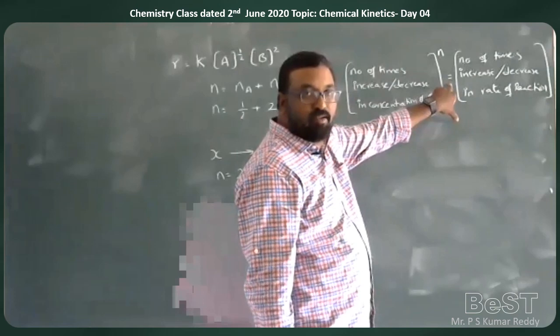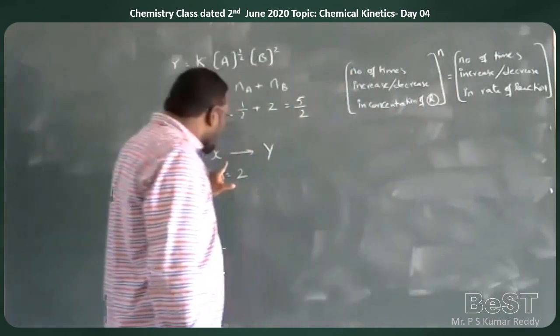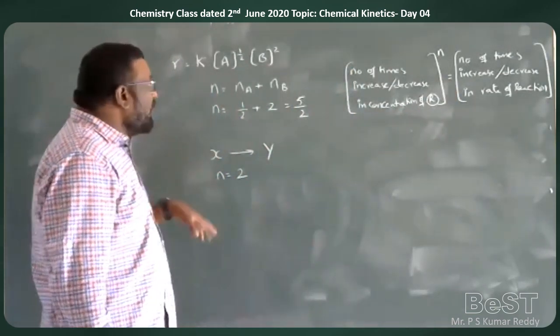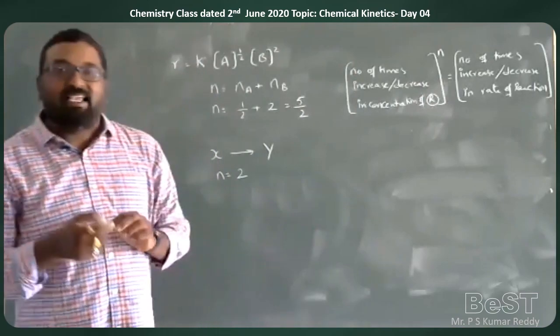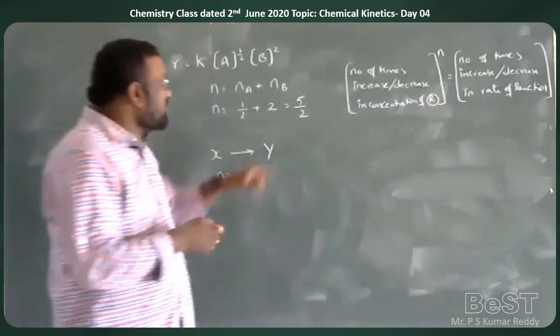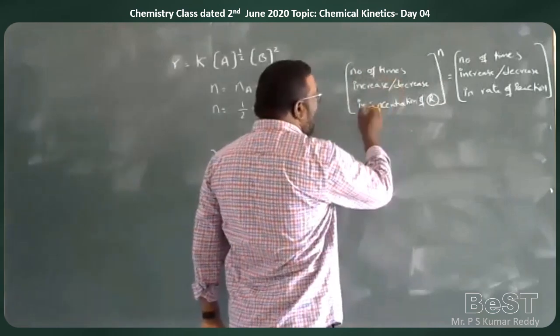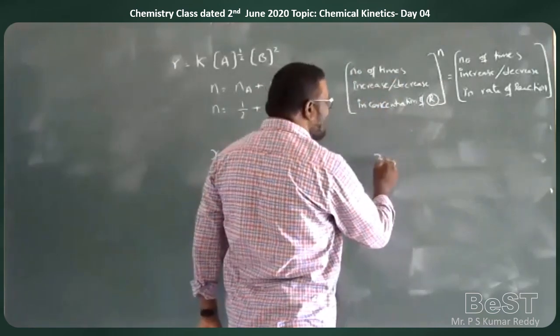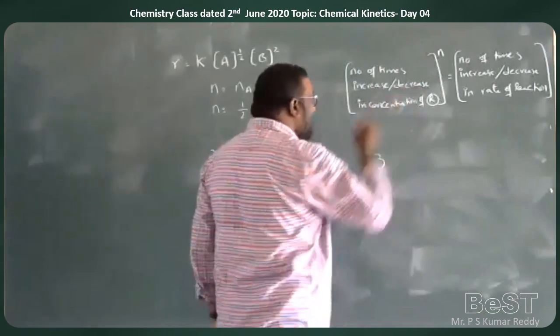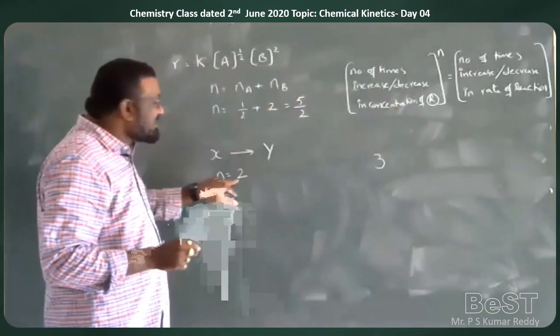Now, in this, what have they given? The concentration of X is increased by 3 times. That means the number of times increase in concentration of the reactant is 3, to the power of n. The order of the reaction is given as 2.